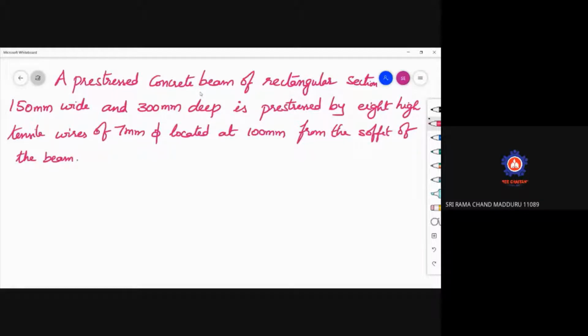Soffit, the meaning is nothing but bottom. From the soffit of the beam.